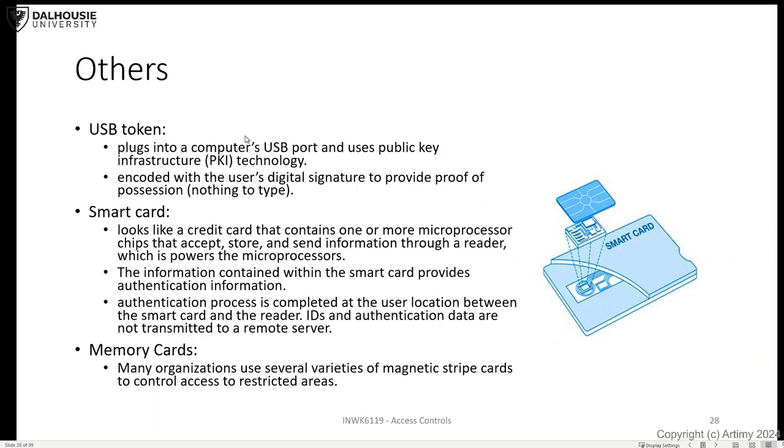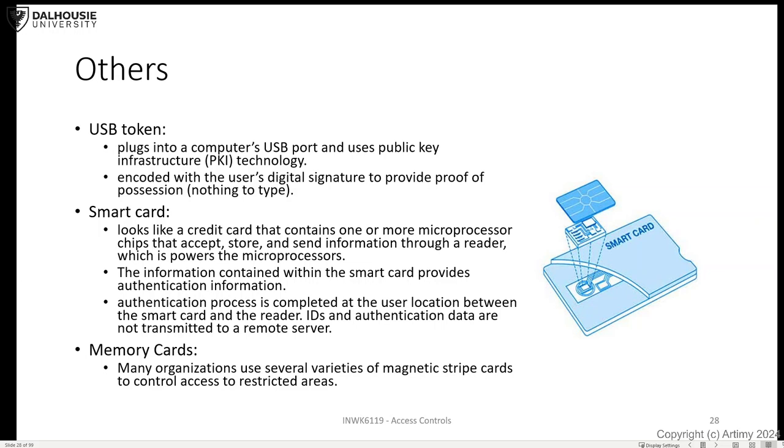There are other techniques as well. Sometimes we use a smart card. A smart card has a chip. It carries information. The smart card doesn't have any power source, but if you insert it in the card reader, the reader supplies power to the chip and is also able to read the information.